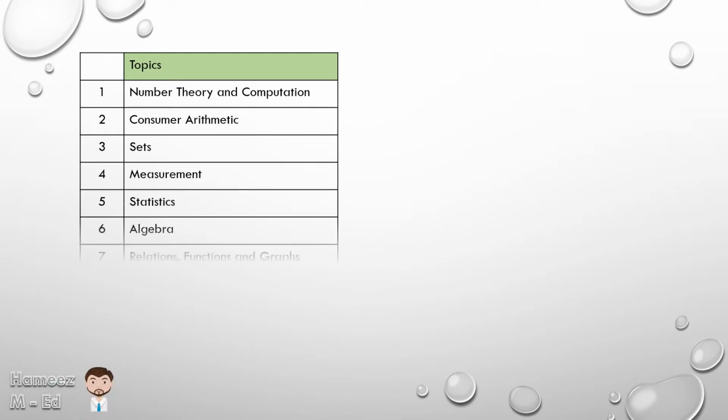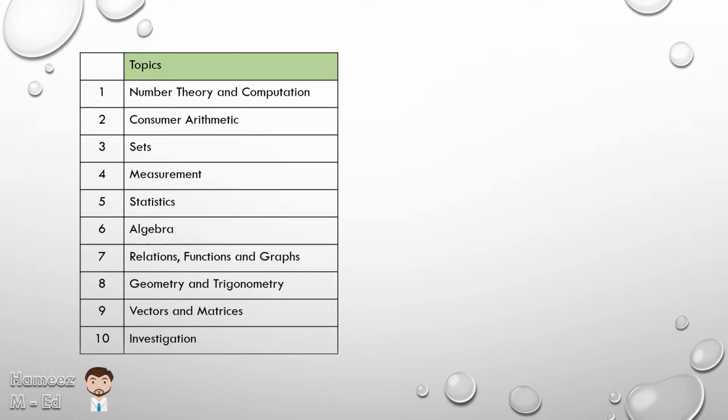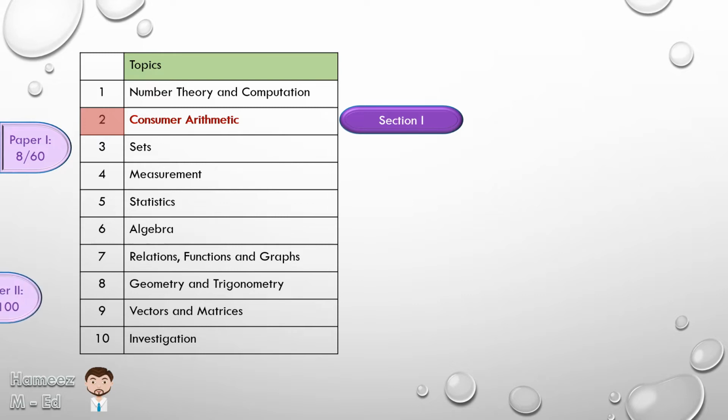Let's recap the 10 major topics in CSEC Mathematics, and this video looks at topic number 2, Consumer Arithmetic. This question comes in section 1 of paper 2. This topic comes as 8 multiple choice questions in paper 1 out of 60. And in paper 2, it combines with the first topic, number theory and computation, as one whole question worth 9 marks.